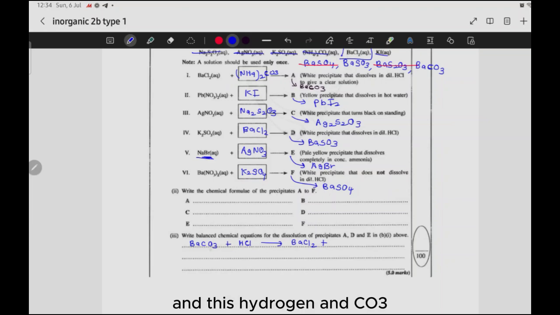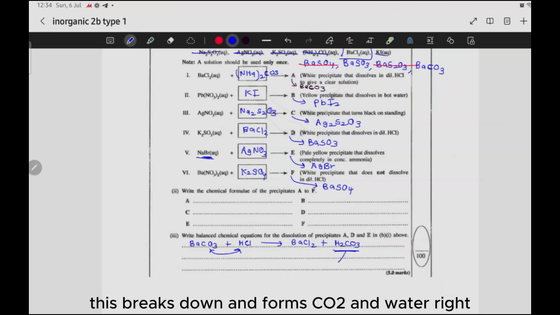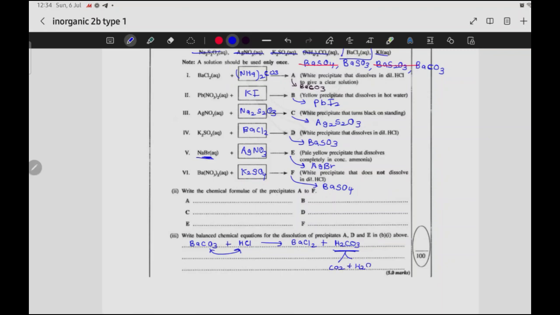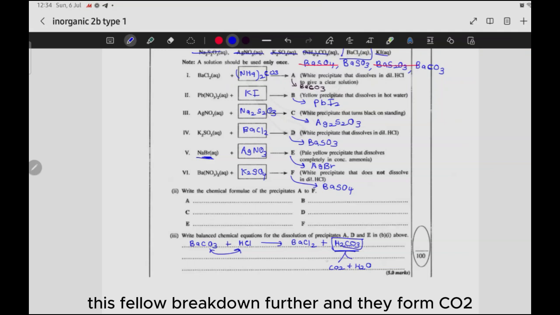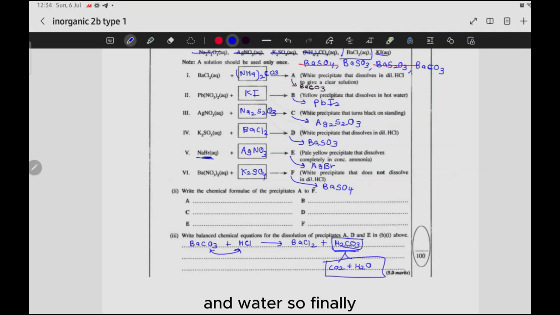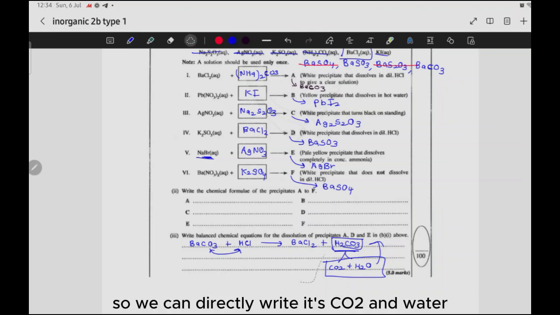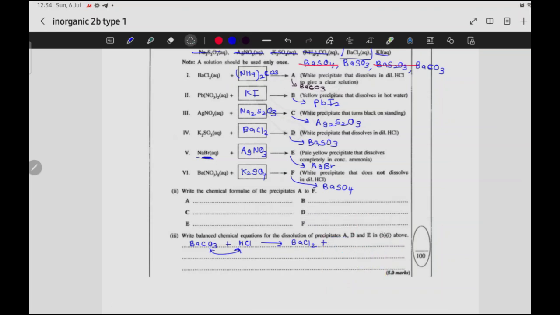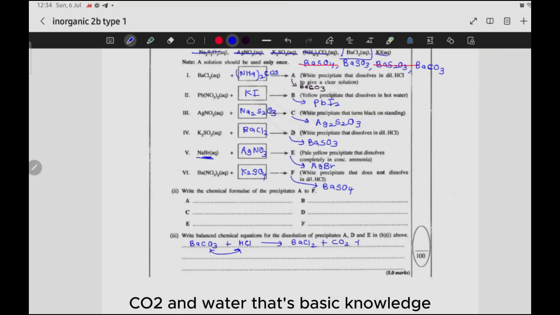And this hydrogen and CO3 2 minus combine and form H2CO3, right? But this breaks down further and forms CO2 and water. So finally only CO2 and water remain, right? So we can directly write CO2 and water. That's basic knowledge.